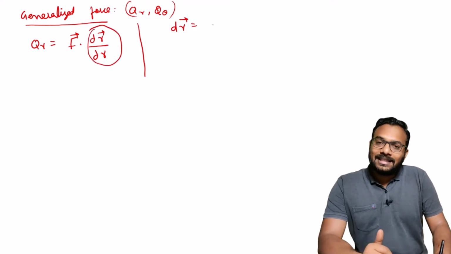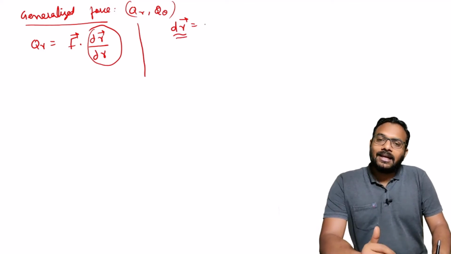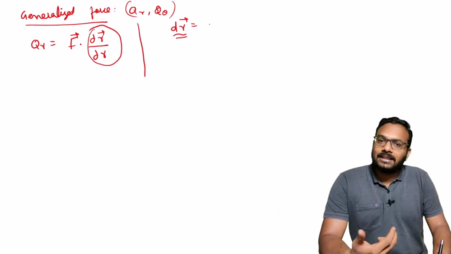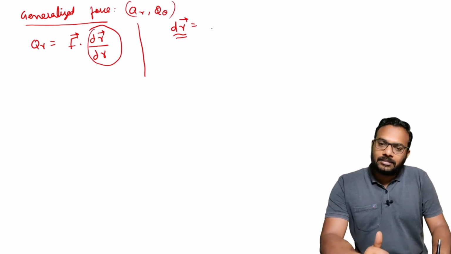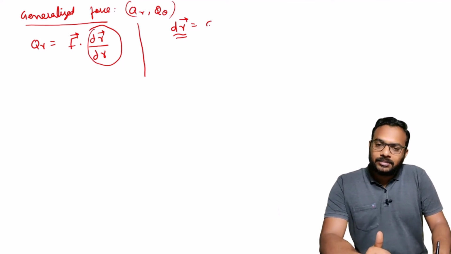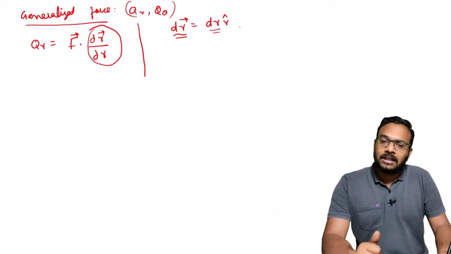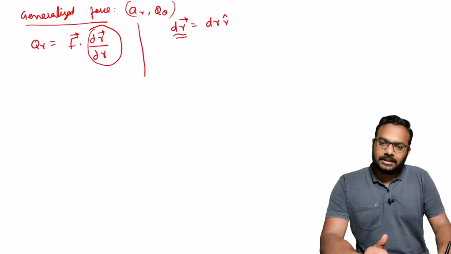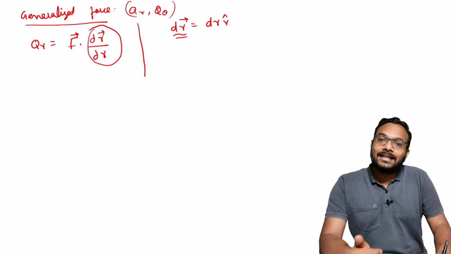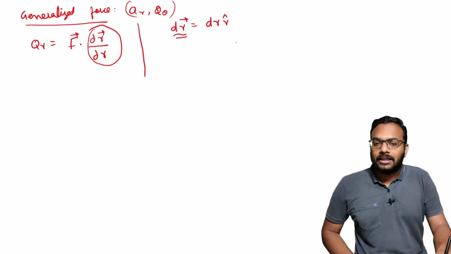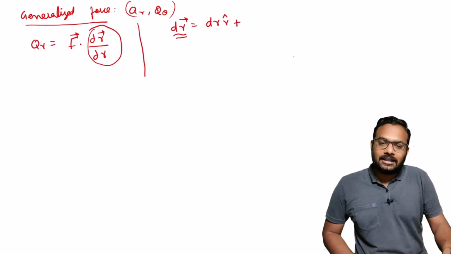So if you look at dr vector, we know that it's a displacement, right? And we are writing it in terms of the displacement in the theta direction and the displacement in the r direction, all right? So displacement in the r direction is simply dr. This is a displacement along the r cap direction, or we can call it the radial displacement, okay? What would be the tangential displacement?